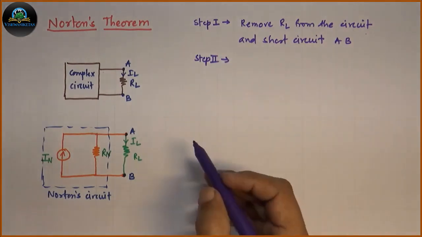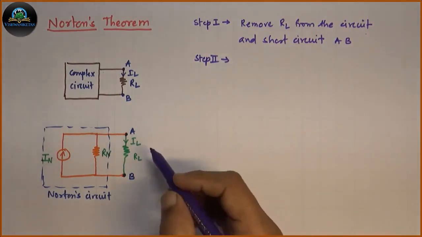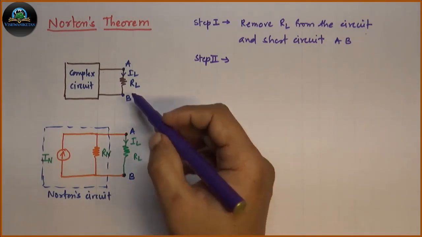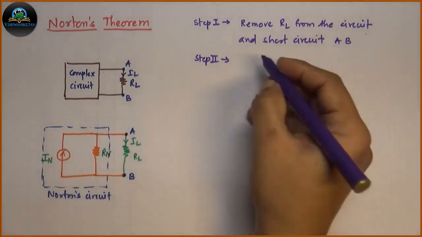Second step is we will calculate IN, that is Norton's current, passing through the short circuited AB terminals.